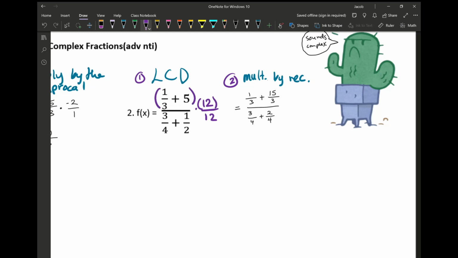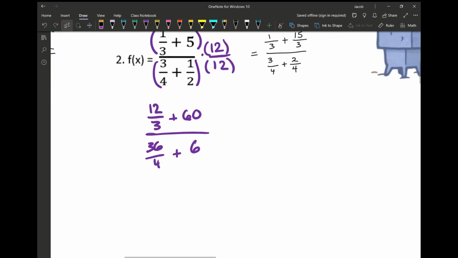And I'm going to put in these fractions here because what we're going to be doing is distributing this 12. So I've got 12 over 3 plus 60, and then 36 over 4 plus 6. Now, this isn't so great looking, but you can see the simple operations we can do now.